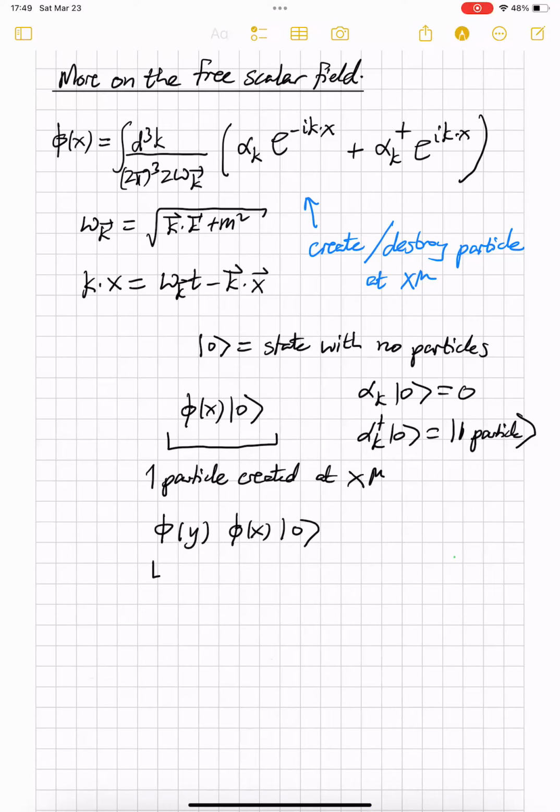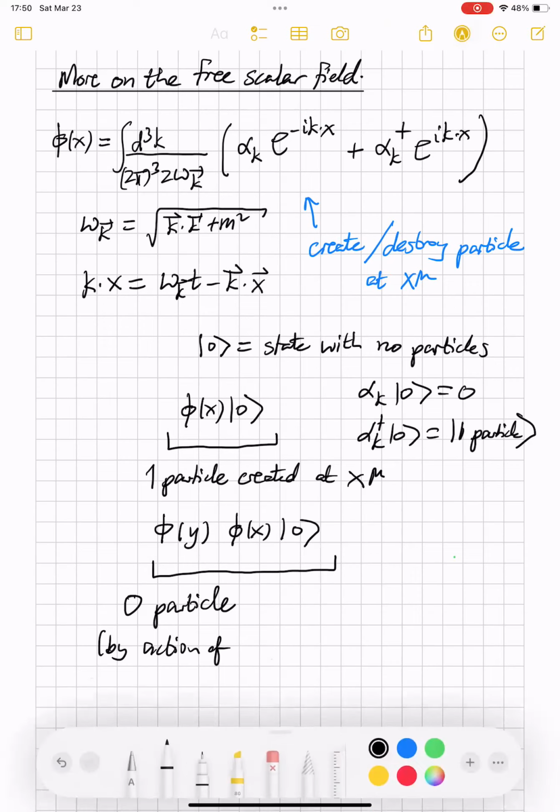First of all, because φ(x) acting on |0⟩ is a one particle state, when φ(y) acts on this state, it could produce a no particle state if it annihilates the particle. So this is what we get by the action of α.